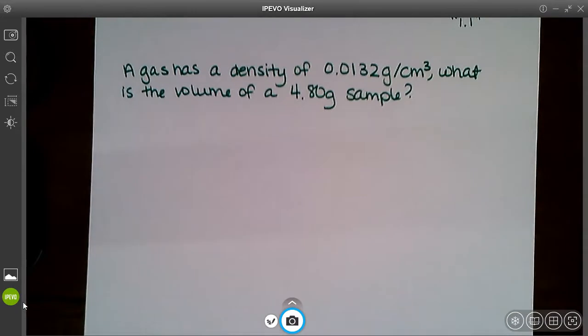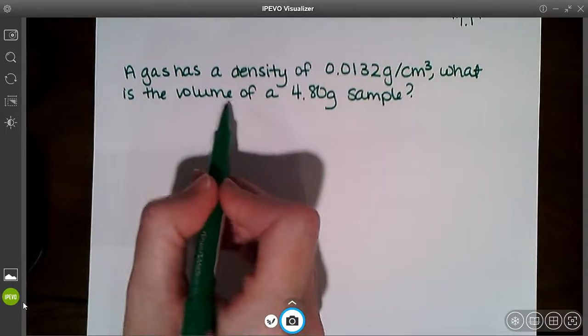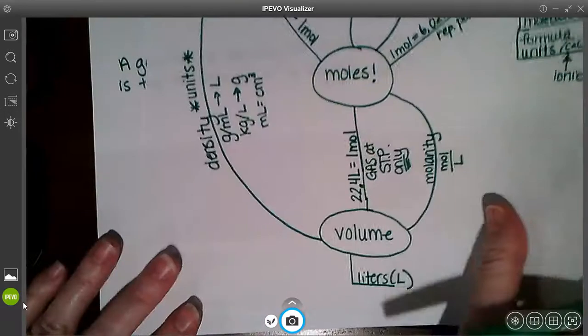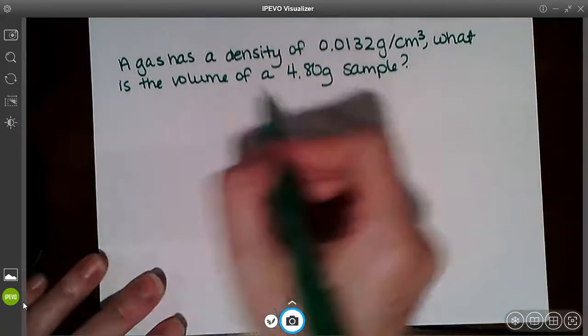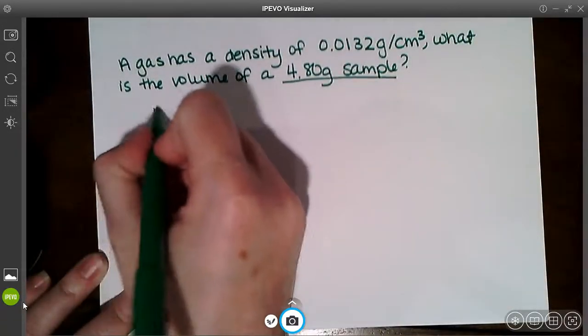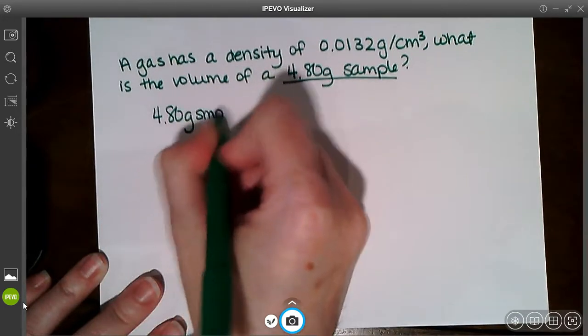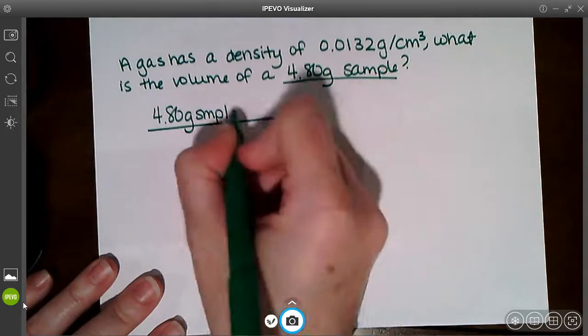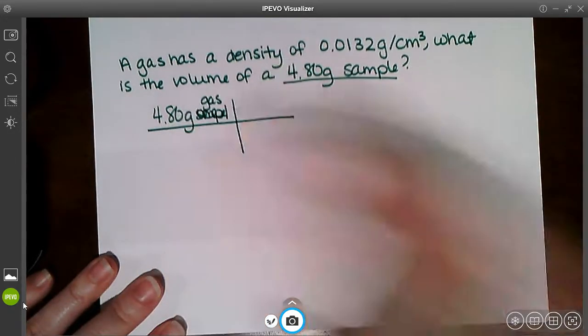So we have mass, and we want volume. To go from mass to volume, we can use density. So since we have a 4.80 gram sample, we can say 4.8 grams of the gas, right?